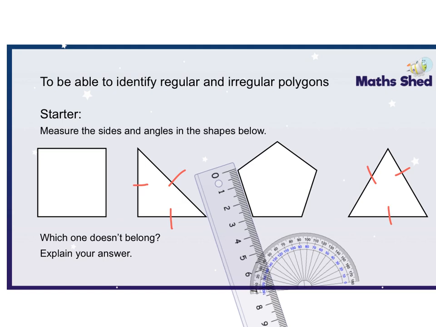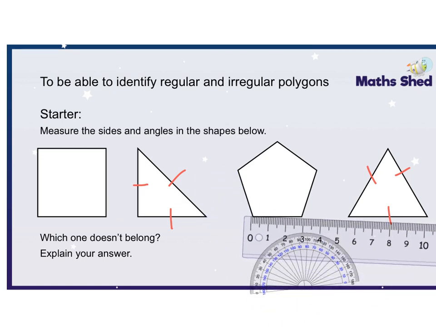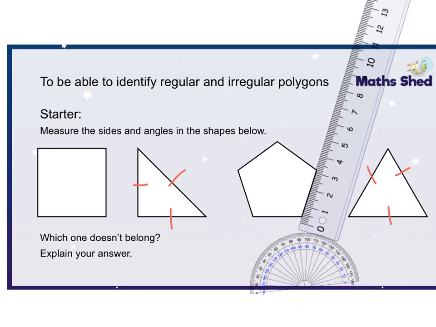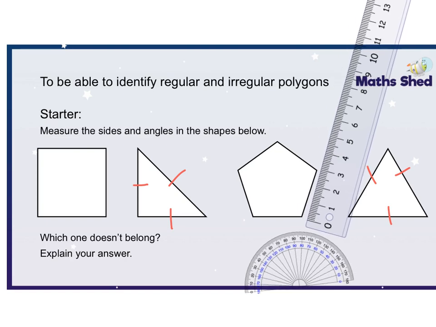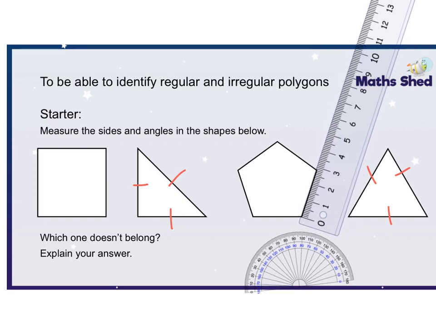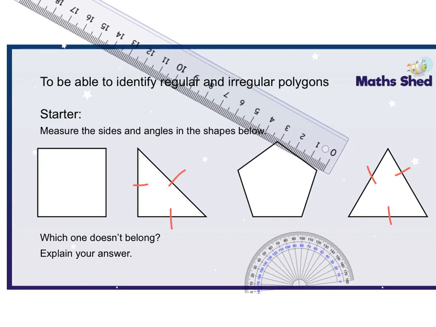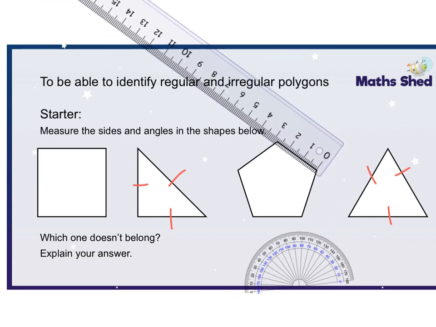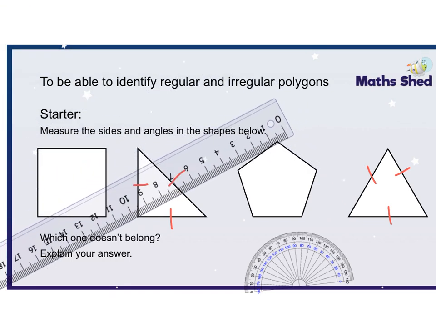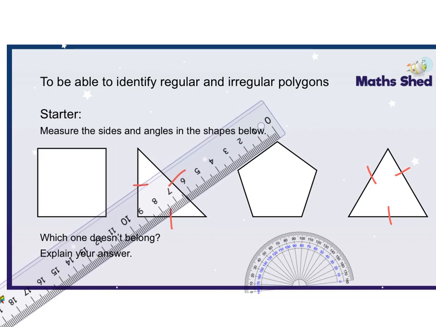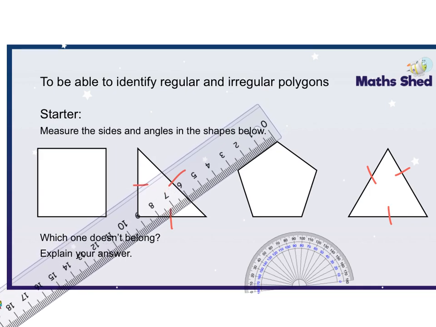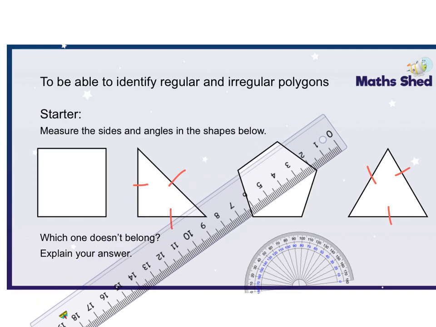This pentagon, each side is 3 centimeters, I think. Just check. Oopsie, don't want everything moving. It's about just under 3 centimeters for each one of those. But all those sides are the same.